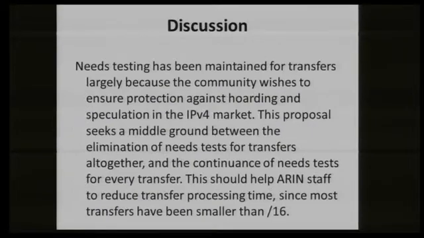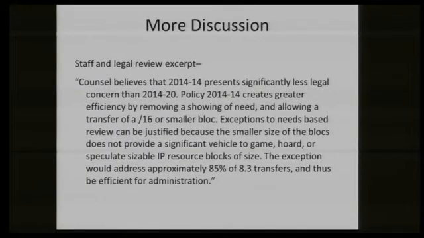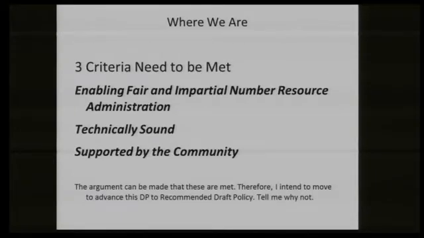So the next level that we would take this to would be to take it to recommended draft policy. And we have 3 hurdles here. The draft policy needs to enable fair and impartial number resource administration, be technically sound, and be supported by the community.